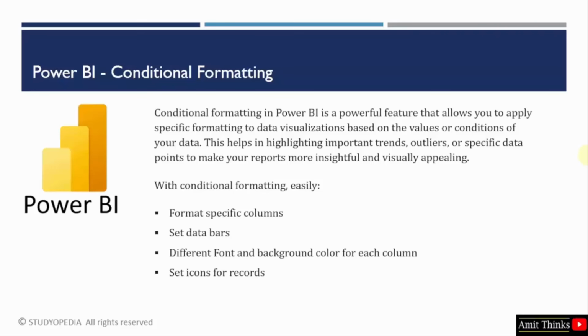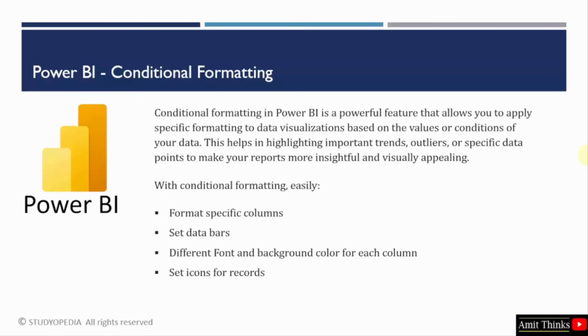Like you can easily format specific columns, set icons for records, you can set different font color, text color and background color for each column. With that you can also highlight key trends, specific data points, so that when your table would be set in a report, the context is more insightful and visually appealing.